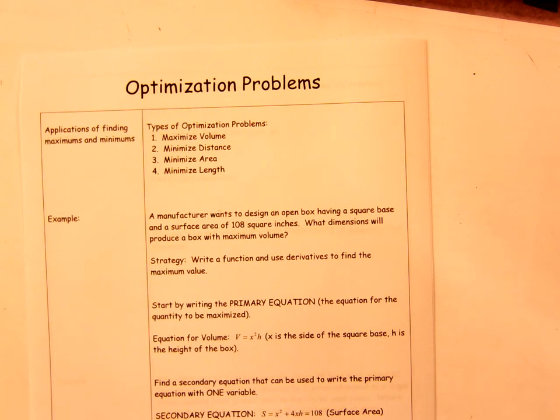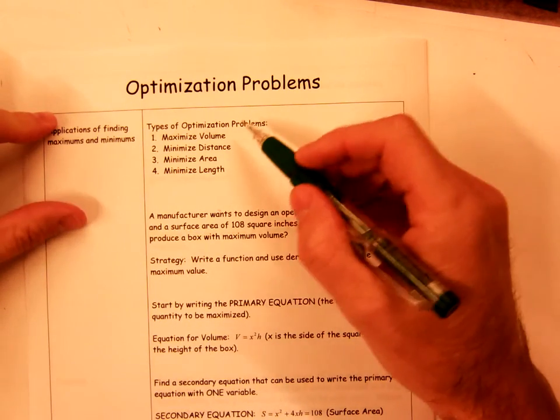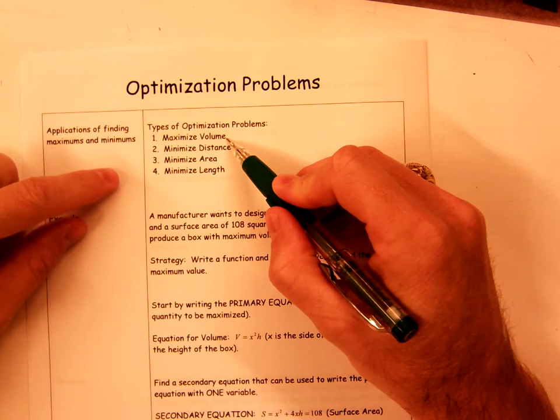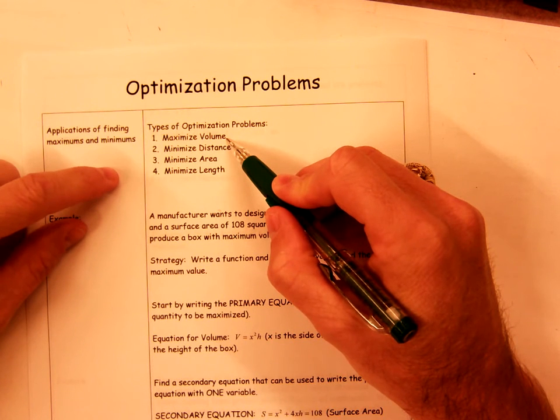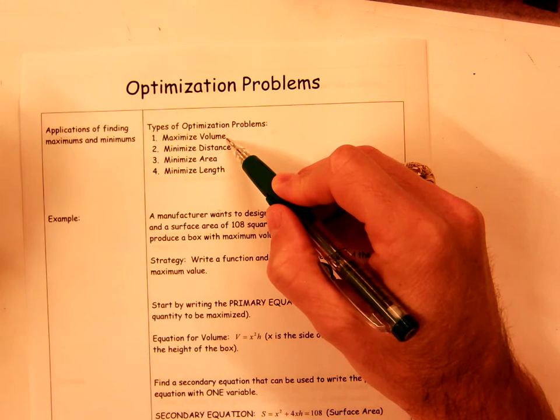All right, so here we go. There are several types of optimization problems. There's where you want to maximize the volume. For example, if you worked at Coca-Cola and you wanted to put the most volume of Coca-Cola in the smallest package, where you needed the least amount of materials.